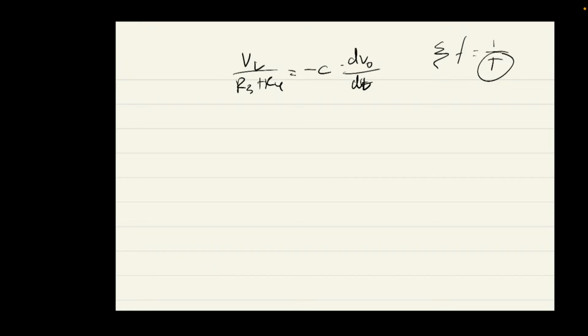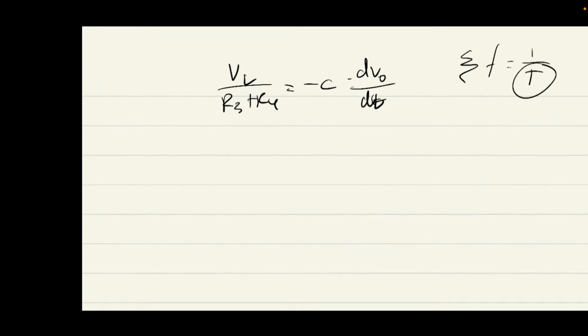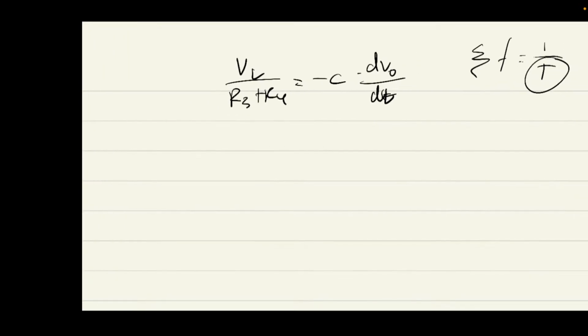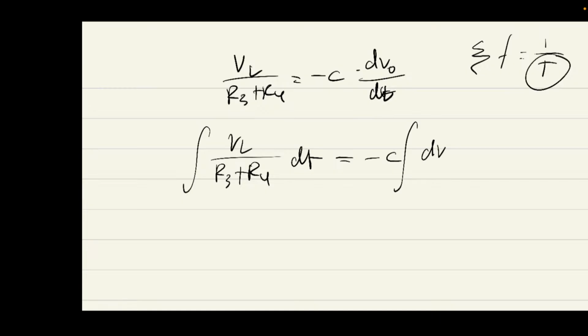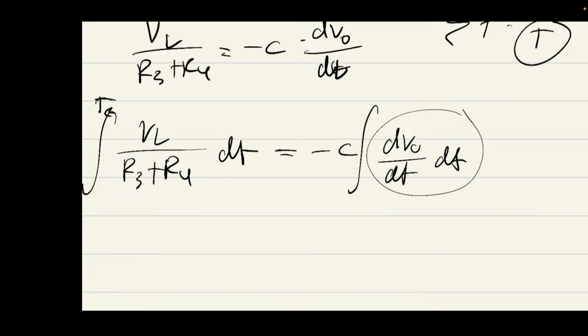So we have this expression which relates the voltage at the output to the voltage VL, right? Let's integrate both sides with respect to t, from time t equals 0 to the time it takes to charge, Tc. What we have over here is kind of like a change of variables, so let's just cancel those out.